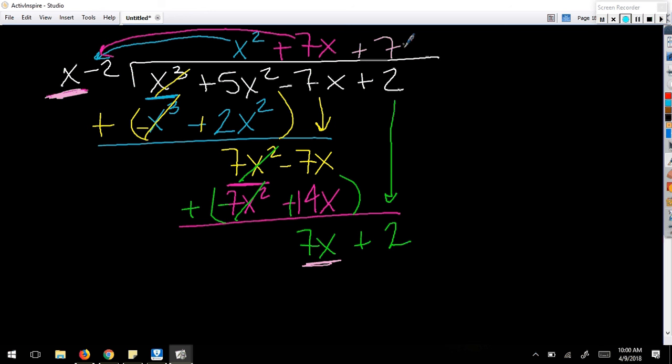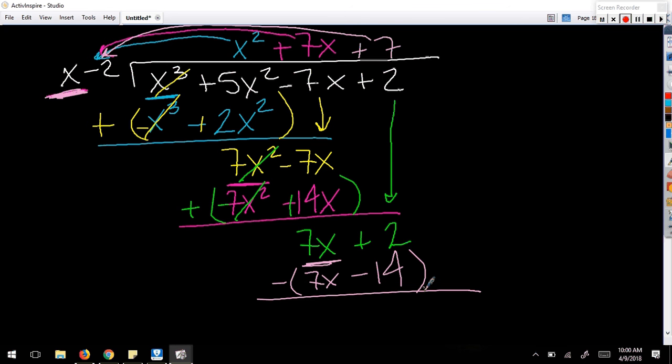The first one outside and the first one inside. Multiply it around. You get 7x, and then 7 times negative 2 is, you finished already? Negative 14. Same, change, cancel. 2 and 14 is?